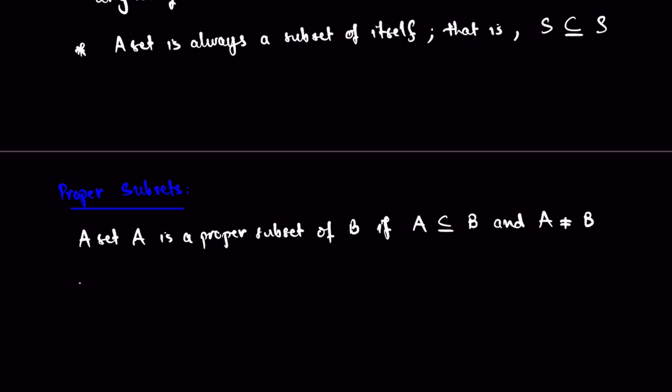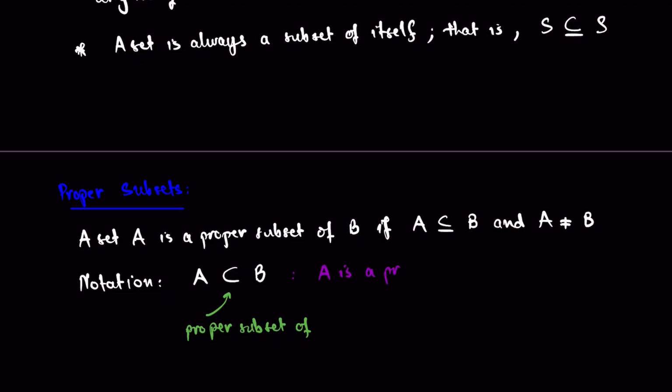So the notation for the proper subset is going to be A, just the backward U, B. You can say that A is a proper subset of B.